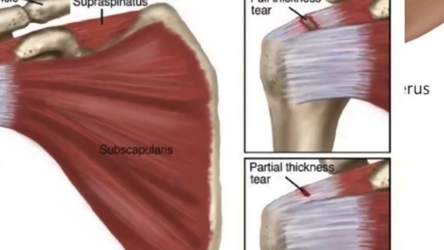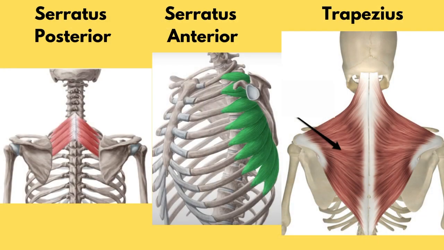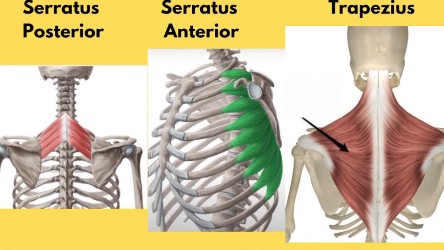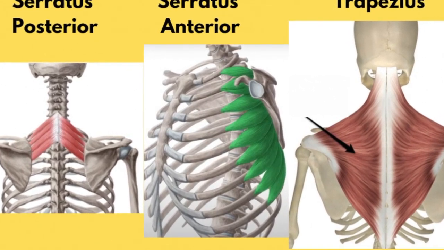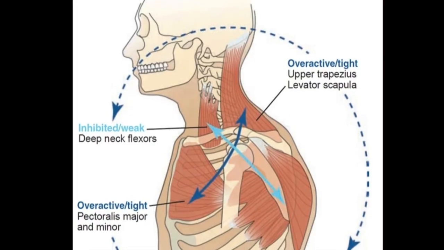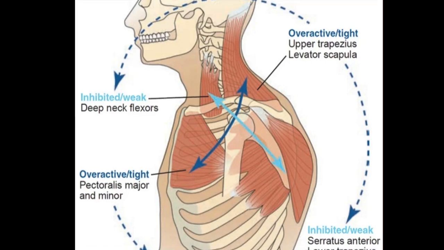Next is when the trapezius muscles become weak. The weakness of this muscle is usually also due to the postural change that we just discussed before. So the shoulders protracted forward, the thoracic spine goes into flexion and the head shifts forward.